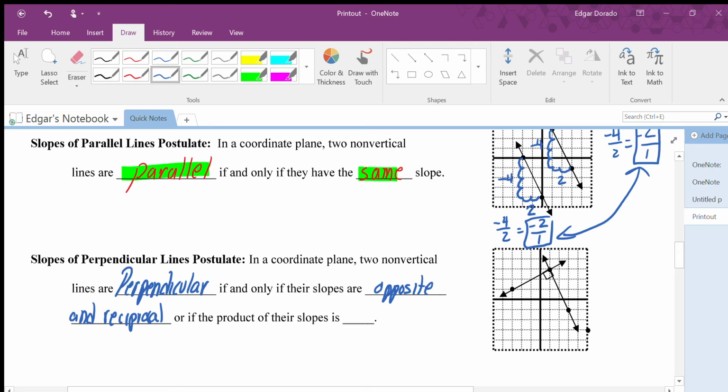Or if the product of their slopes is -1. That bit you might not have remembered from algebra, but if you do, that's great.